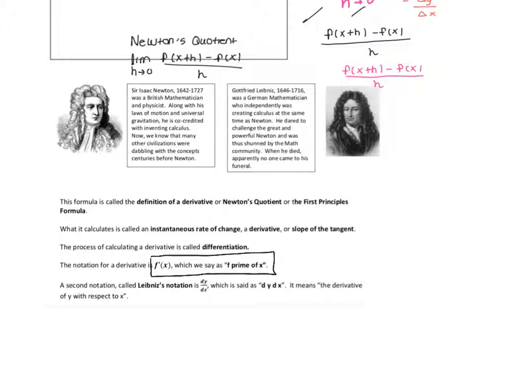You're going to see this a lot as well on your exams. The derivative of y with respect to x. Same idea as change in y over change in x. Okay. Questions?